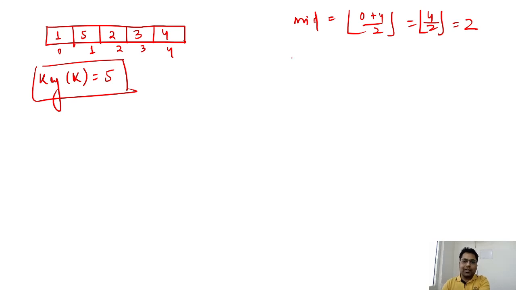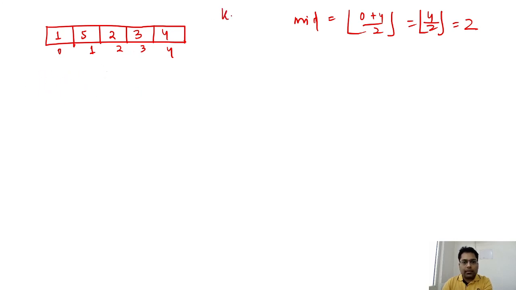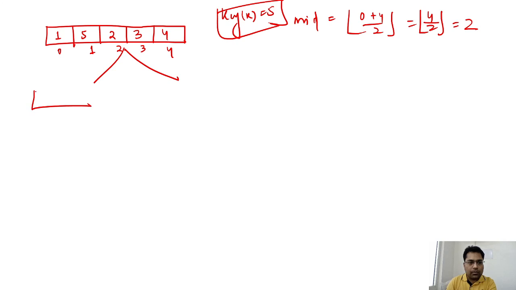Now as for this mid value, whether 5 is greater than the mid. Mid is 2. Here we have to first divide it. I must write it somewhere. Key k is to be found as 5, and mid is defined as 2 now. 1, then 5, now 2; indices 0, 1, 2.